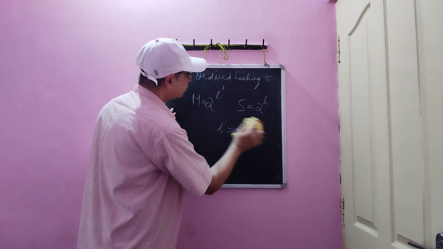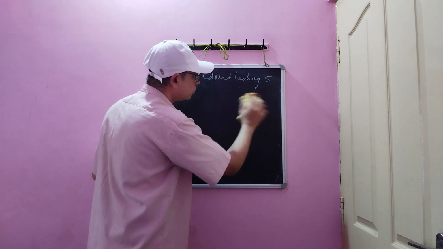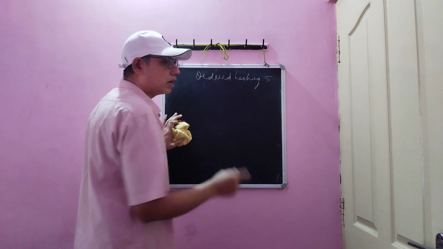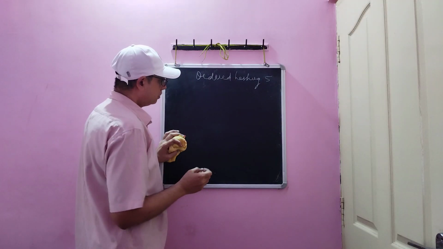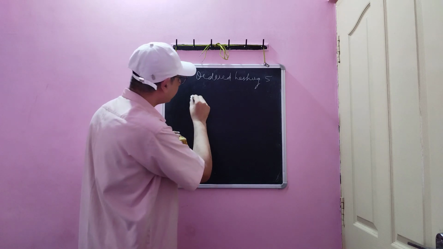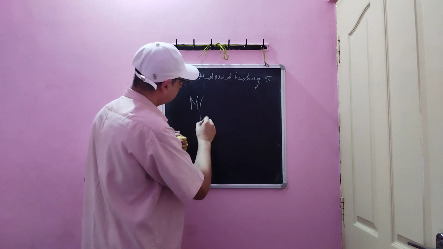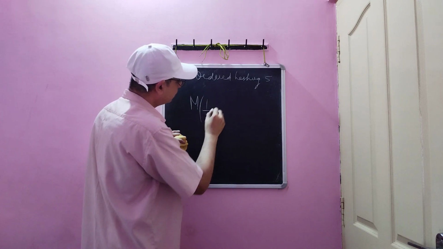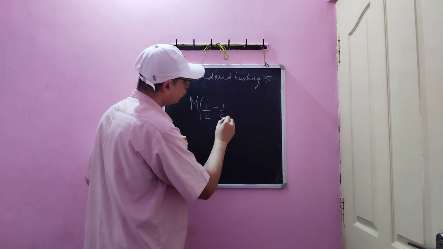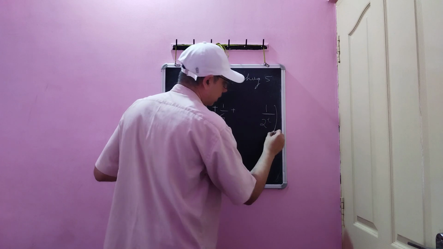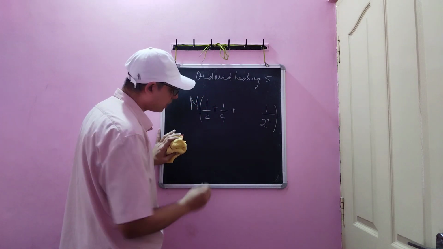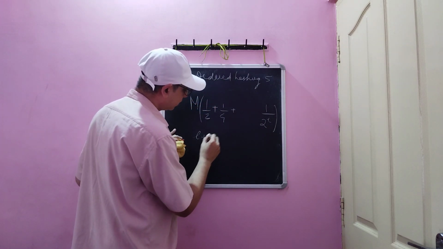Now the idea is to use a bit value to stand for either a plus or a minus operation. Now we can write m as m times half plus 1 by 4 plus and so on up to 1 by 2 power n. Now our objective is to have exactly L plus 1 ratios.